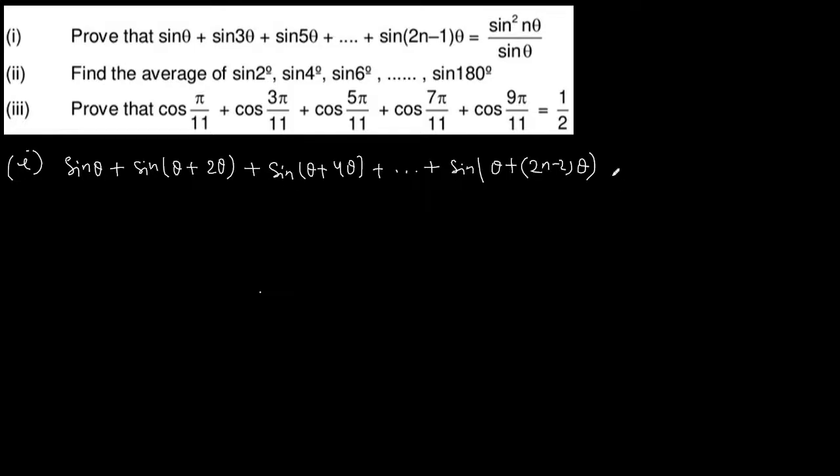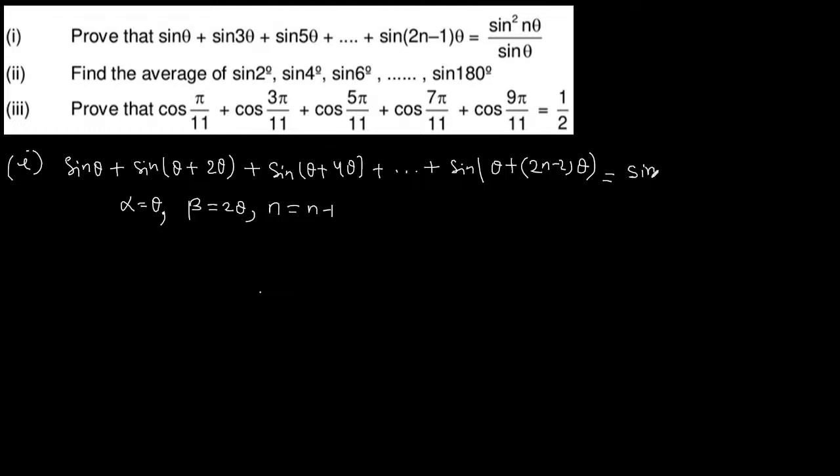If you go by the formula, alpha is theta, beta is 2 theta. The n which is in the formula is n minus 1.